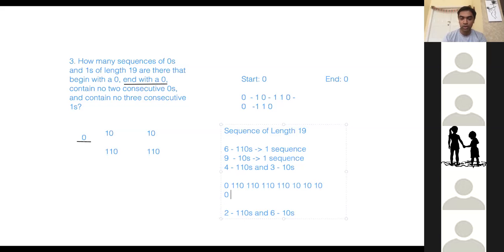Or I could put my 1-0s first and then the 1-1-0s. Or I can mix them up, right? And these are all going to be different sequences. I could put 1-1-0, then 1-0, 1-1-0, 1-0, and so on. So how many ways are there to have 4 1-1-0s and 3 1-0s in the sequence?